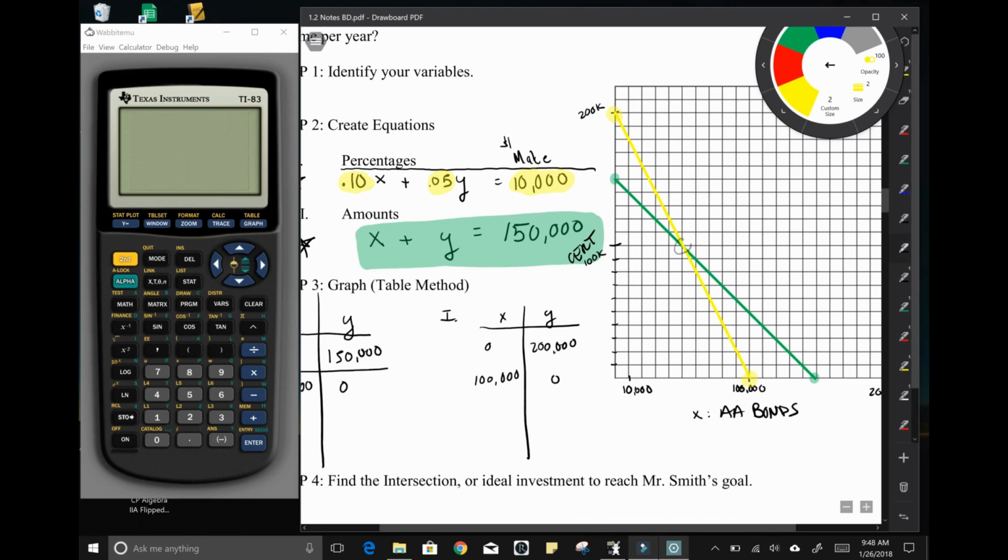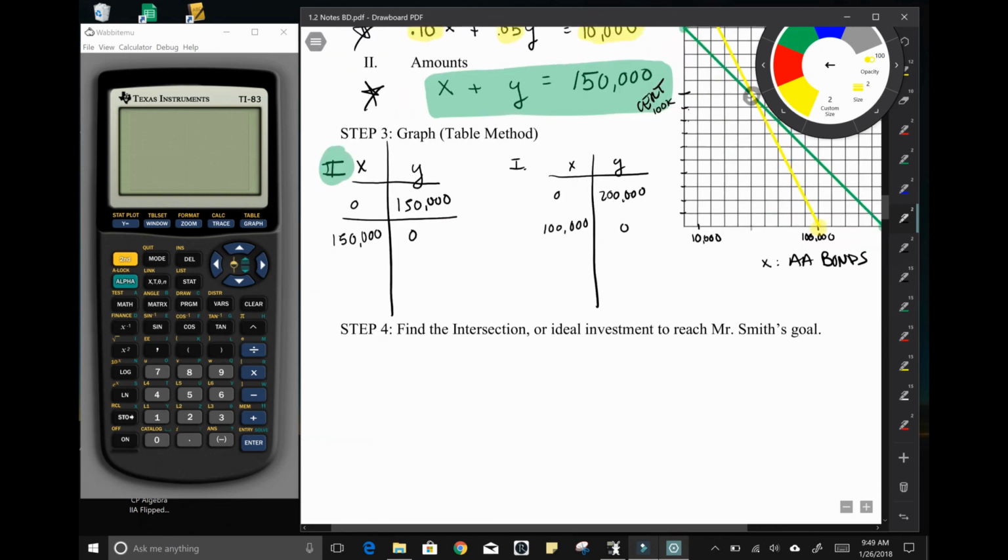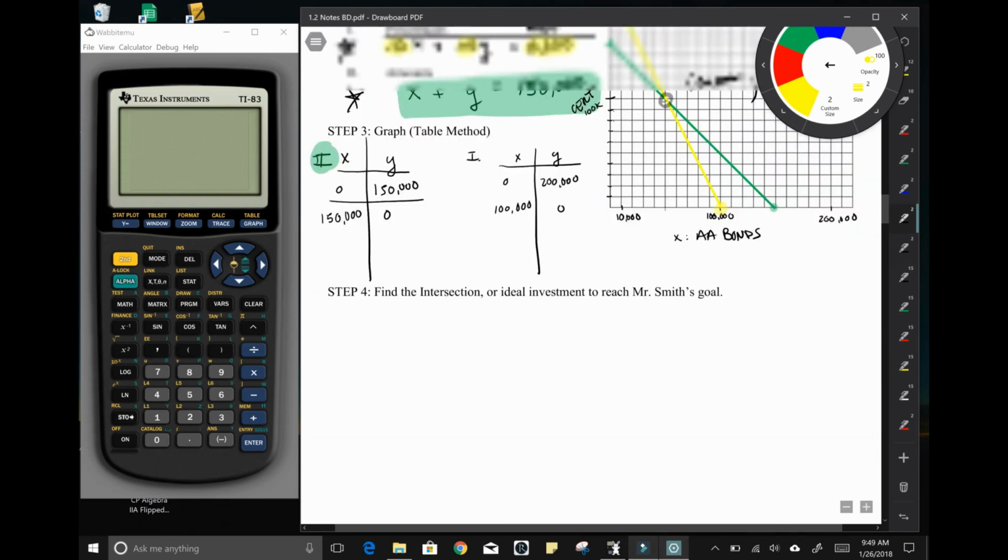So our intersection point is at 10, 20, 30, 40, 50, so 50,000, comma, and it looks like 100,000. That will get him his supplemental income.